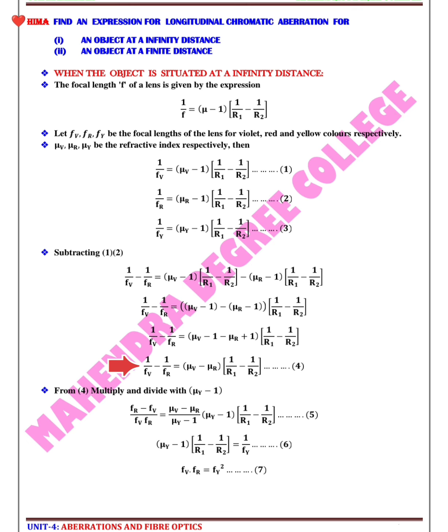The constants minus 1 and plus 1 cancel out, leading to the simplified expression. We get 1 by Fv minus 1 by Fr equals mu v minus mu r into 1 by R1 minus 1 by R2. This is equation number 4.